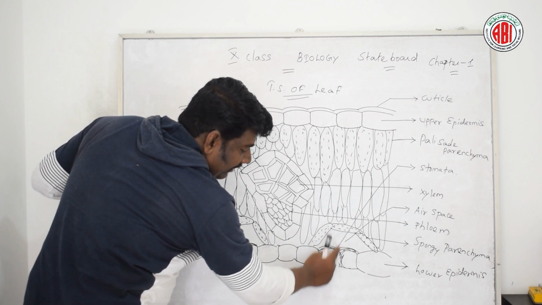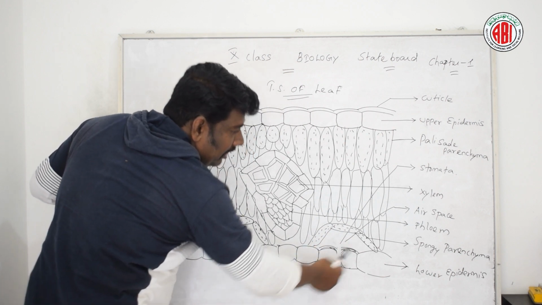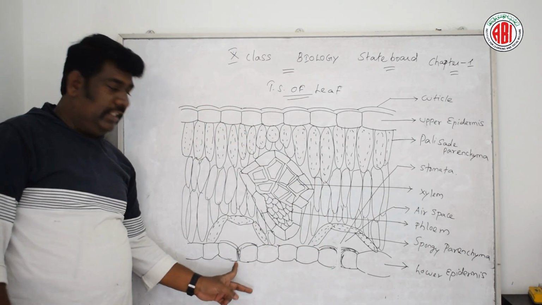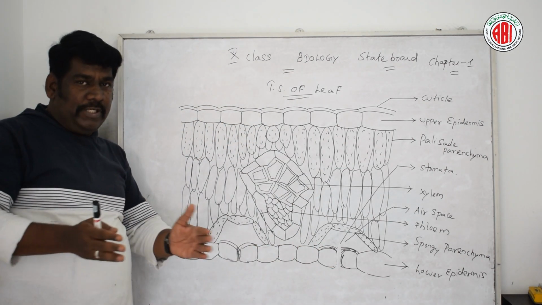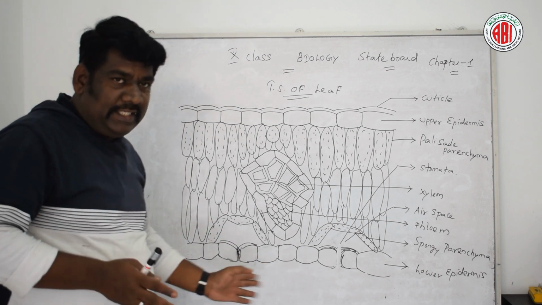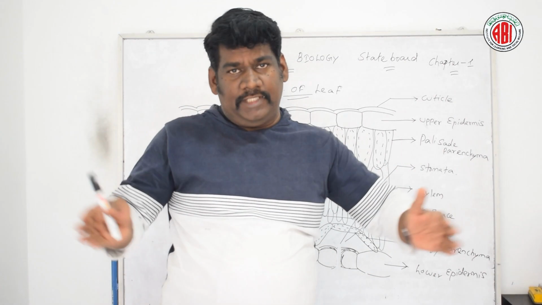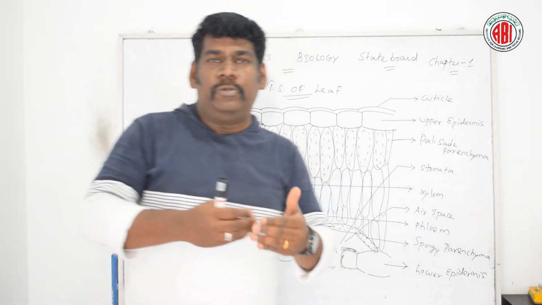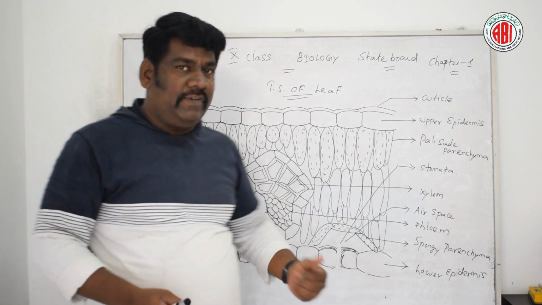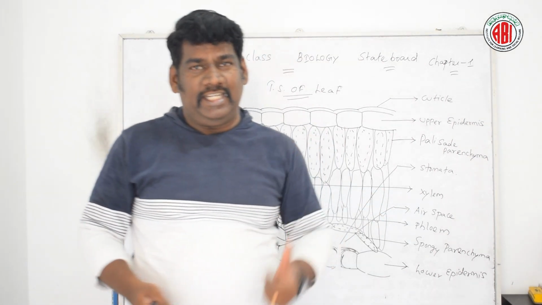Exactly here we have one gap, and this gap is called stomata. I have mentioned it here, and here also. So stomata are present at intervals on the surface of the leaf, with a few cells after each gap. And what does the stomata help with? We know very well, we have studied it in the lower classes.